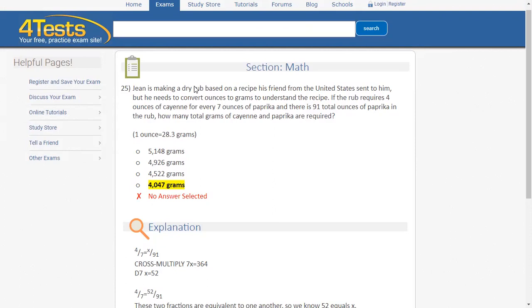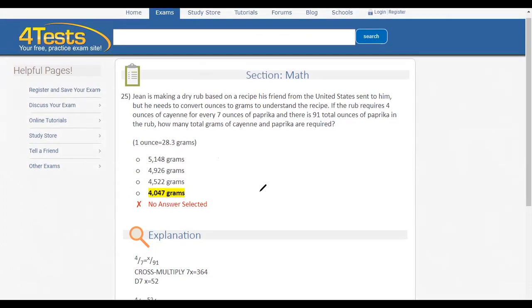What I mean to say is, if we write it this way, just for a little while, I am giving another idea. 4:7, and then X, we are looking for the total grams X, and the total quantity is 91.